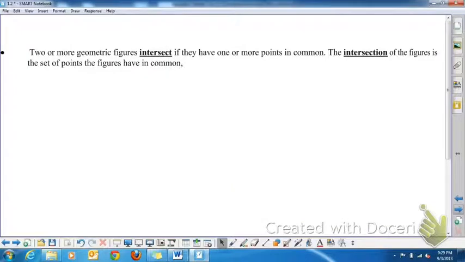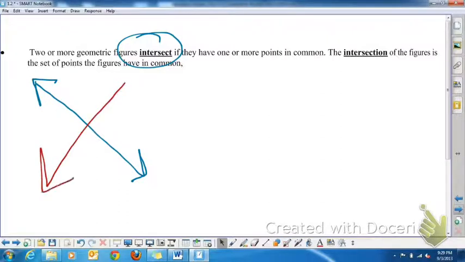Two or more geometric figures intersect if they have one or more points in common. The intersection of the figures is the set of points the figures have in common. Two lines intersect at a point.